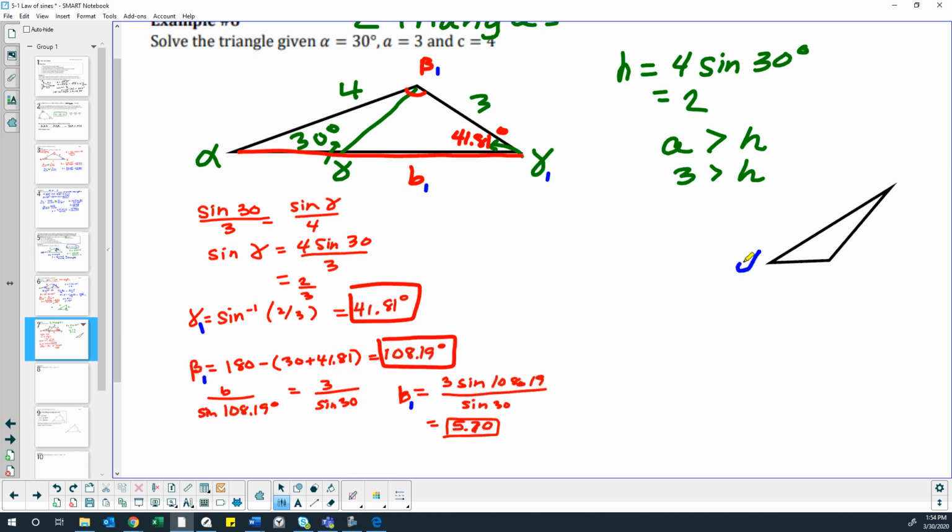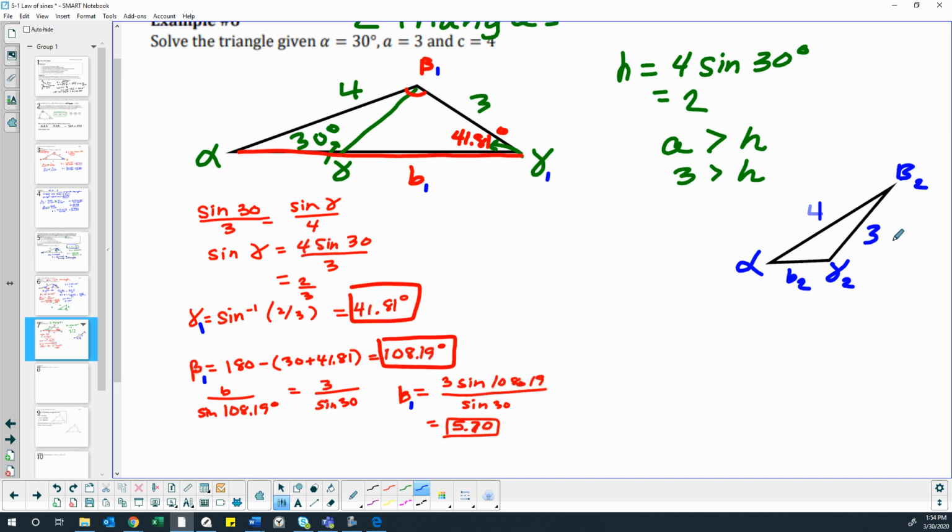So alpha is exactly the same. C is exactly the same. I need to get off of my shape recognition tool. A is still exactly the same, but now we have a different gamma, a different beta, and a different side B. Adrian, does that make more sense? I'm going to tell you how to get to it in just a second here.